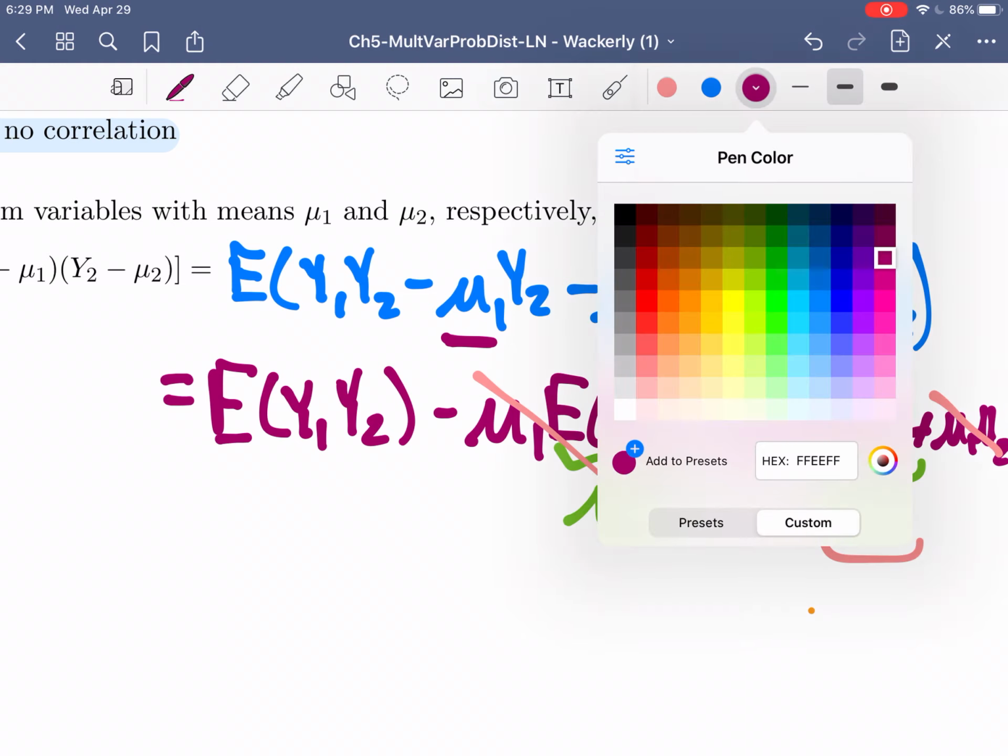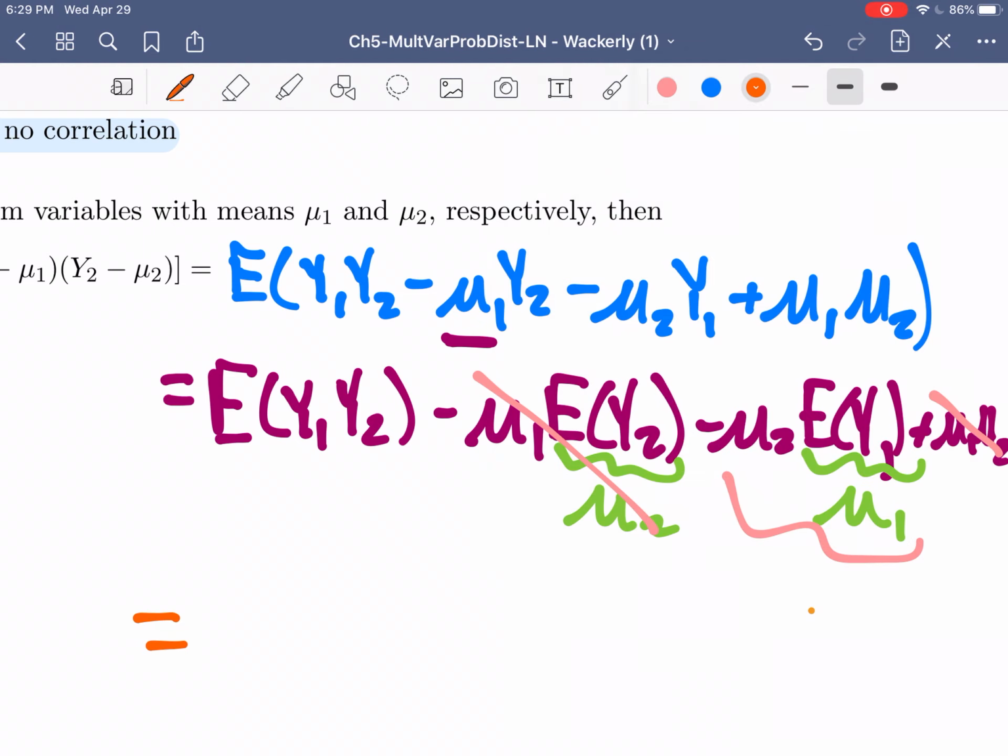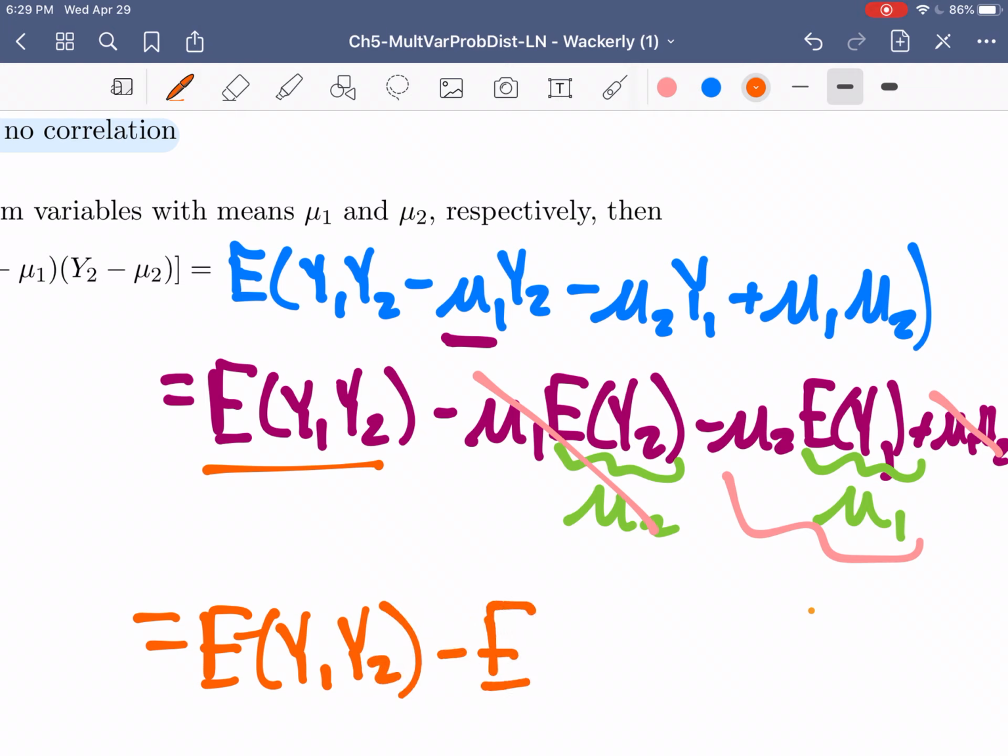I'm going to write that in maybe two different ways here. We have the expected value of the product of y1 and y2 minus the expected value of y1 times the expected value of y2. And that is our covariance.